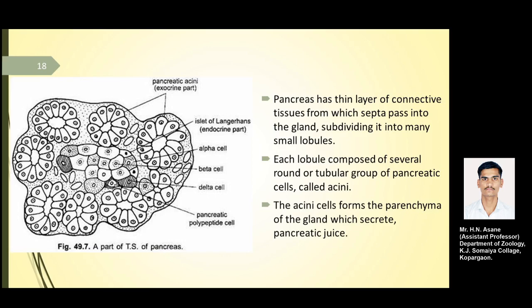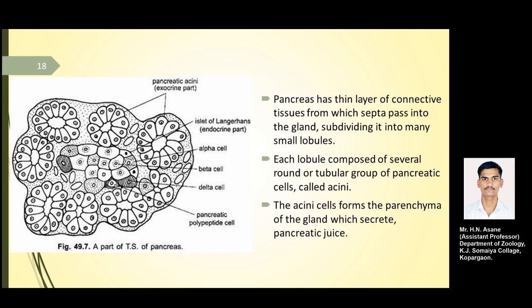So as you can see, the exocrine pancreas. As I said, the exocrine part of this gland consists of the acini. These acini are of the serous type, that means they produce watery secretions.